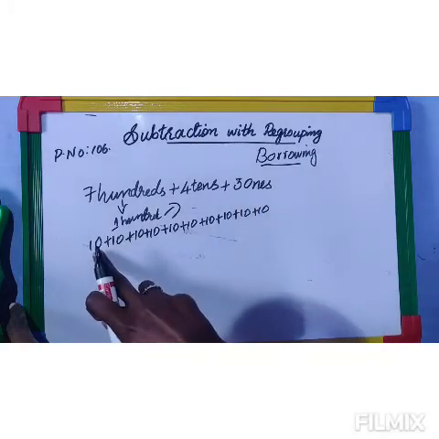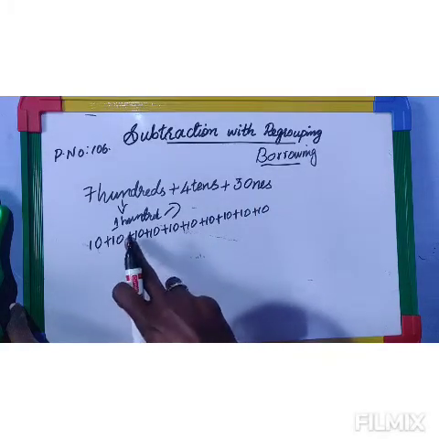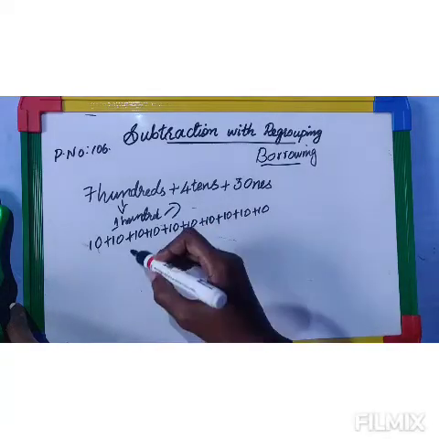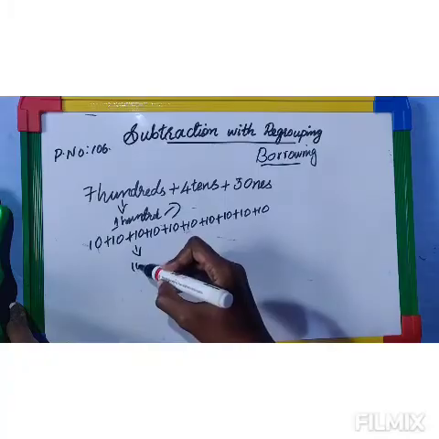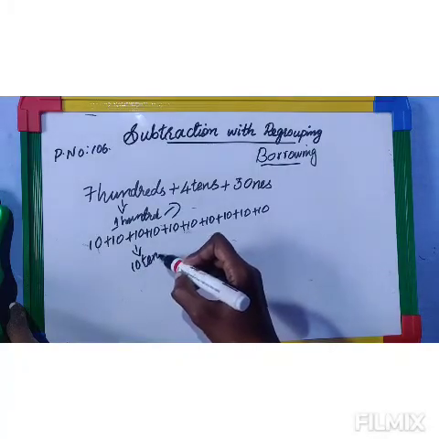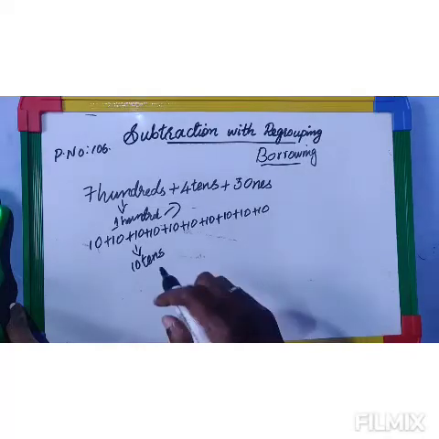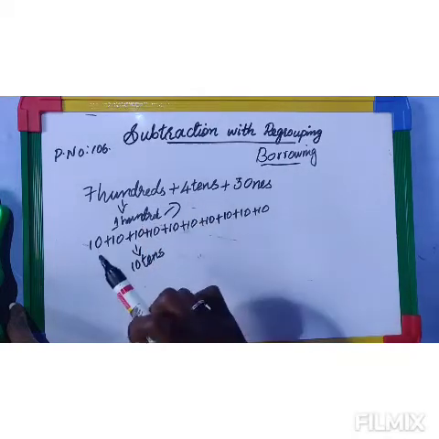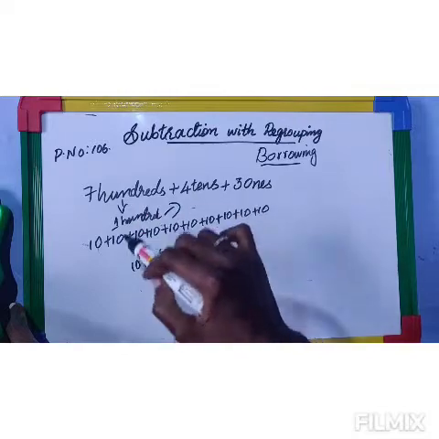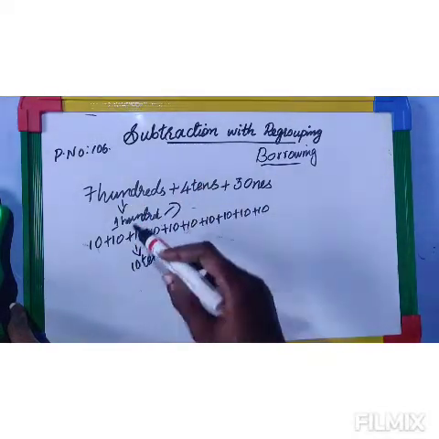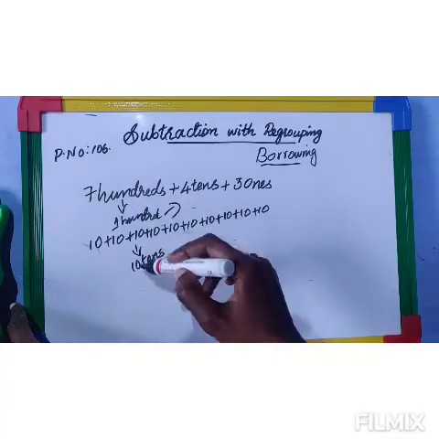So how many tens are here? 1, 2, 3, 4, 5, 6, 7, 8, 9, 10. So 10 tens make 100. Since we are taking 100 to the tens place, we have to convert this 100 into tens. We cannot take 100 directly. So we have converted 100 as 10 tens.